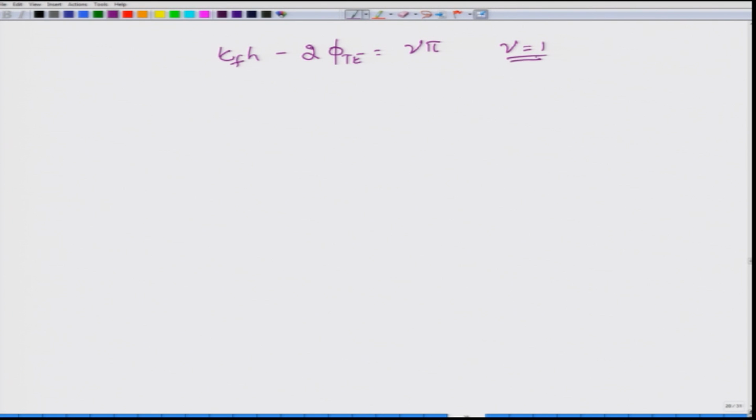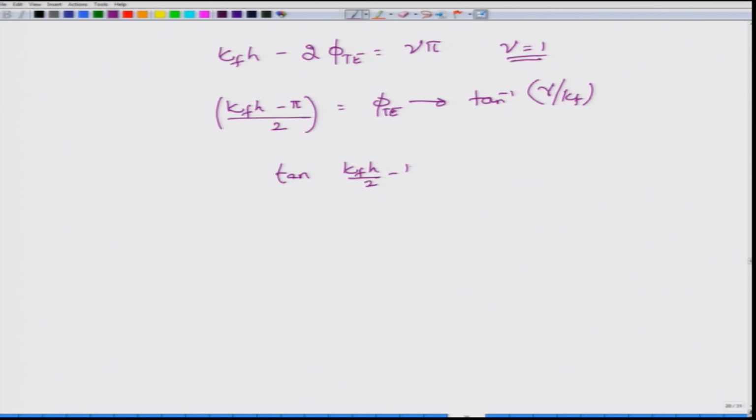For the simplest case of nu equal to 1, I will have kappa f h minus pi, the entire thing divided by 2, is equal to phi TE, but I know that phi TE is tan inverse of gamma by kappa f. So, putting this together, I get tan of (kappa f h by 2 minus pi by 2) equal to gamma by kappa f.